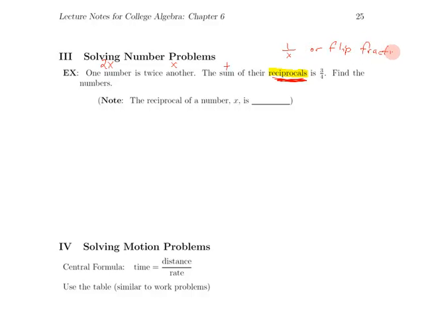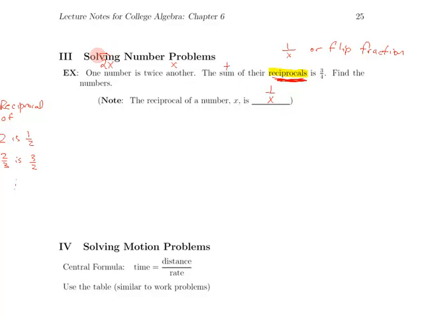That's an equivalent way of thinking of a reciprocal. So the reciprocal of say 2 would be 1/2, of 2/3 is 3/2, etc. Now, if the reciprocal is of some number x, we would write that as 1 over x.